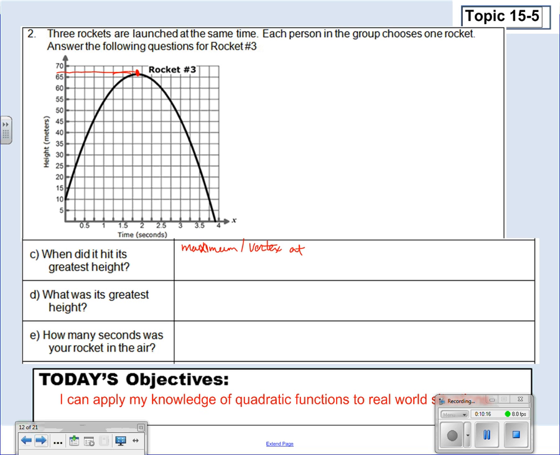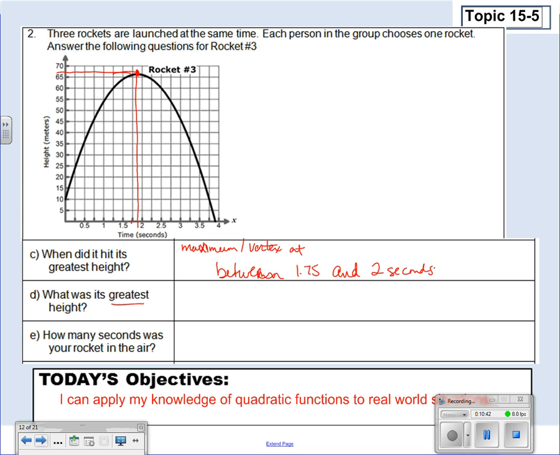Actually it said when did it hit it, not what is the height. I'm getting ahead of myself. So when? Let's come on down. It is sometime between 1.75 and 2 seconds. So it reaches its maximum height between 1.75 and 2 seconds.